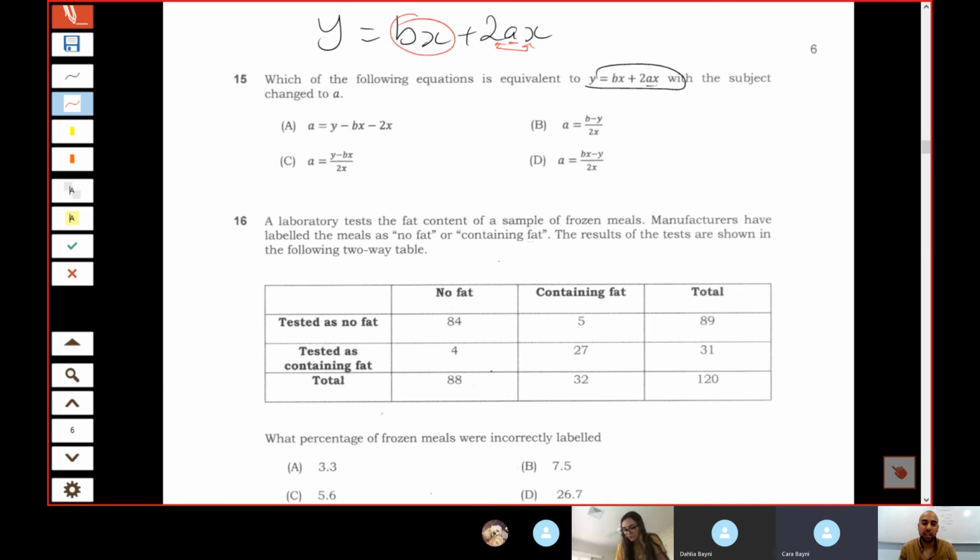So what are we going to do with this bx? y minus bx equals 2ax. Now I need to get rid of the 2, and I need to get rid of the x. Divide by 2x. And you're left with A equals y minus bx on 2x.